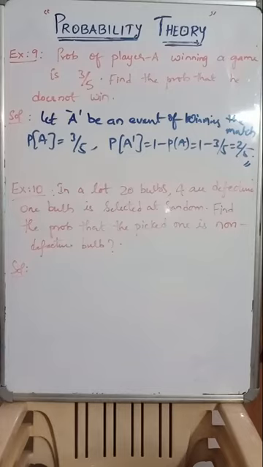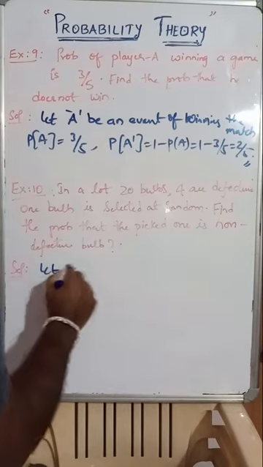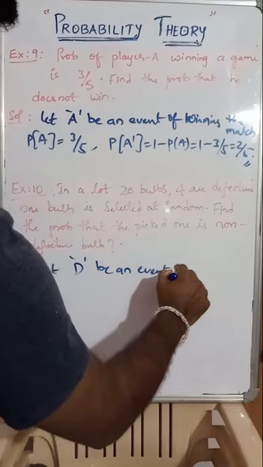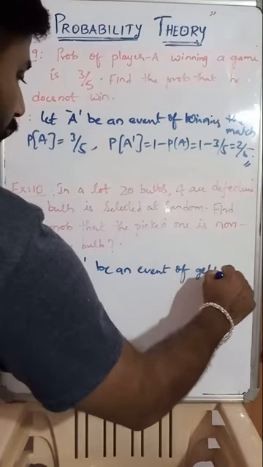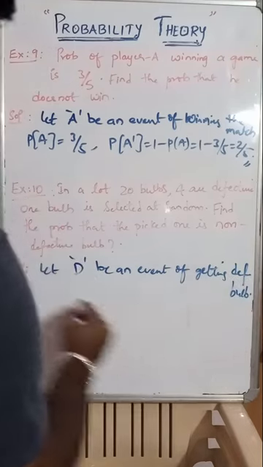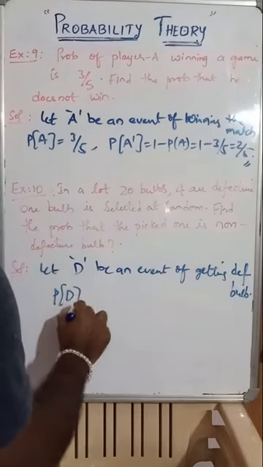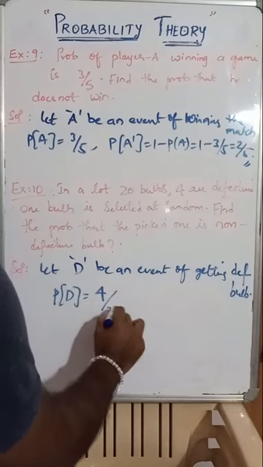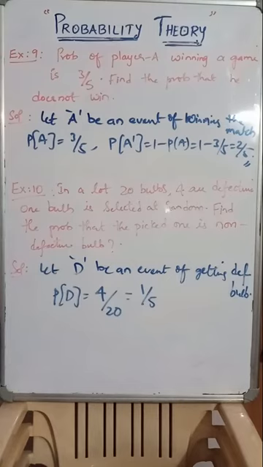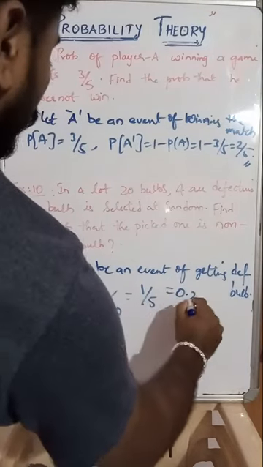First of all, let us consider here, let D be an event of getting a defective bulb. Write down. Let D be an event of getting a defective bulb. Therefore, probability of D is 4 divided by 20. So 4 divided by 20 means 1 by 5, nothing but 0.2.